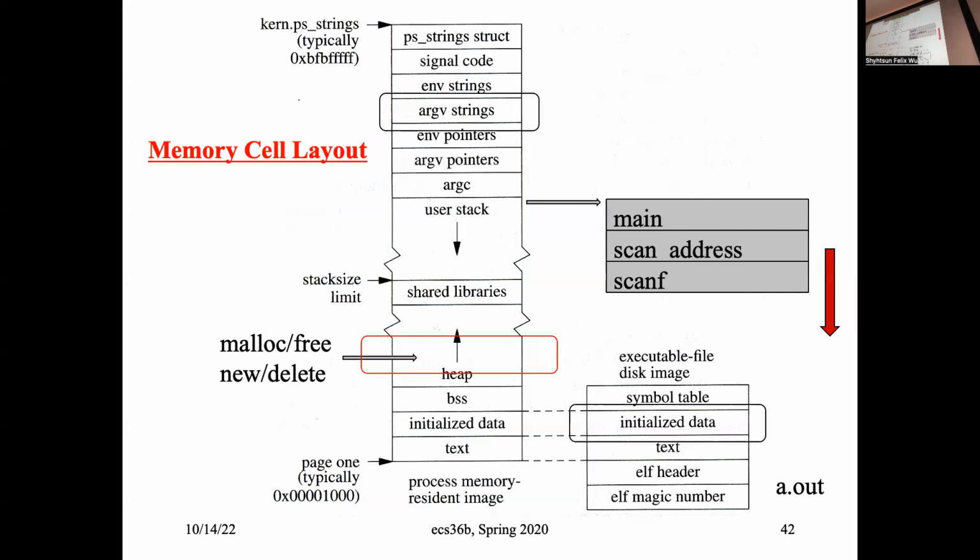In other words, if Kevin is a function local variable, then that A765 is somewhere in the user stack. Because I have, say, char star Kevin, and that variable is in the user stack. So it's transient, temporary, it will be gone. But when you do malloc, you allocate a space, then 1, 2, 3, 4, the other one, which is the address pointing to Amen, is going to be on the heap.